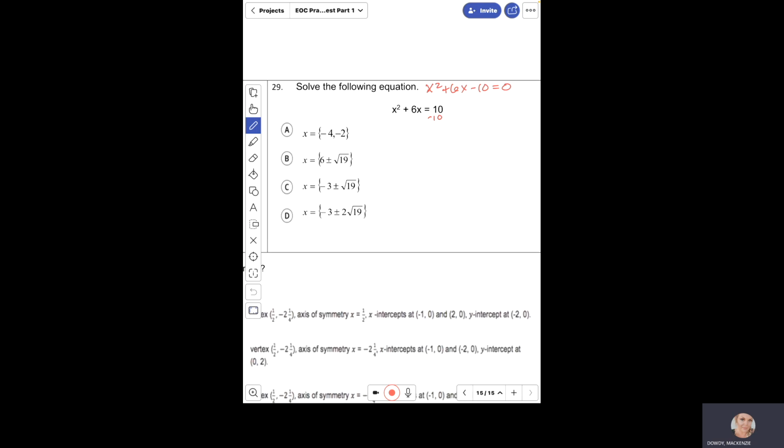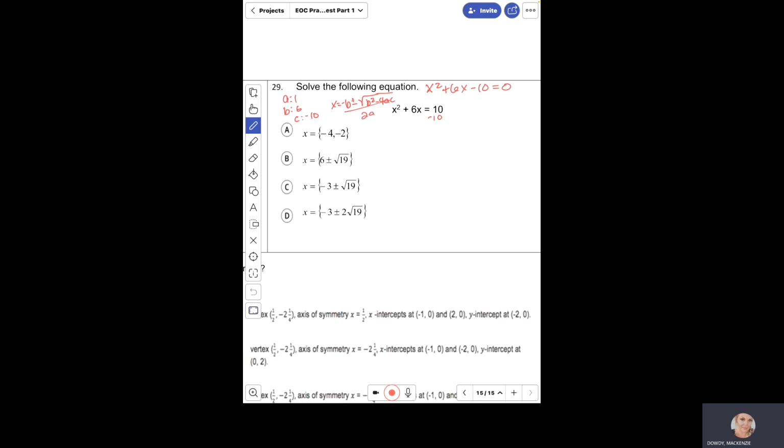When I do that, I now have my values for A, B, and C. A is the invisible 1, B is 6, and C is negative 10. And I can plug that into my quadratic formula. x equals negative B plus or minus the square root of B squared minus 4AC over 2A.